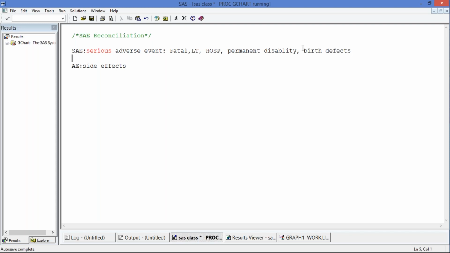If an adverse effect results in any of these categories, in fact, it's called a serious adverse event.